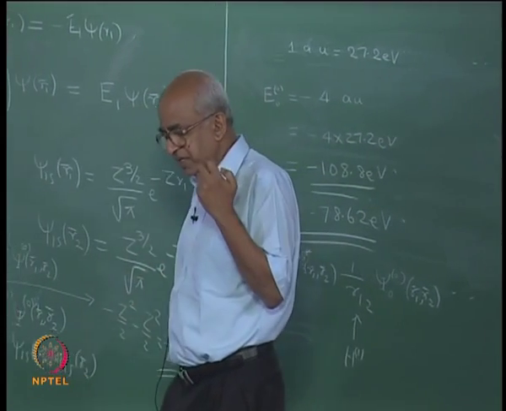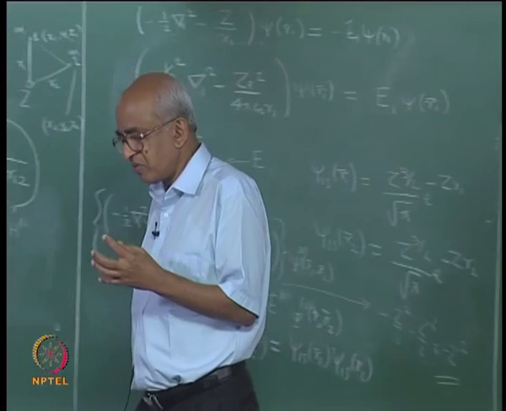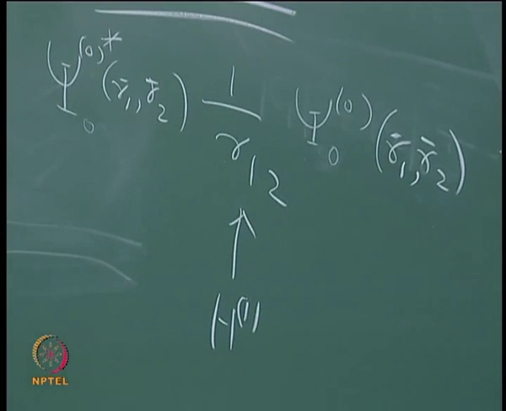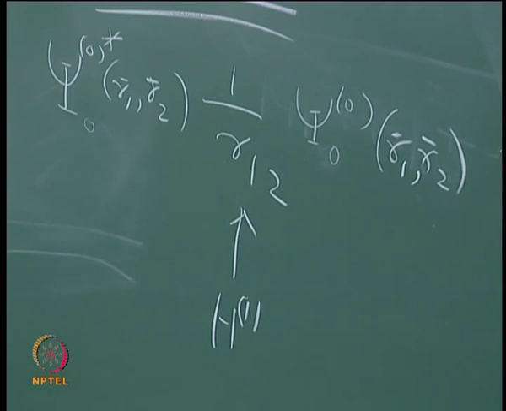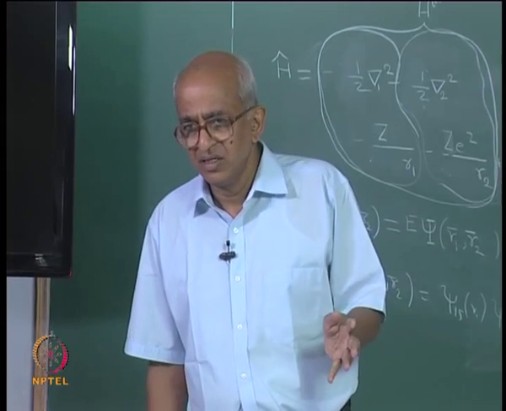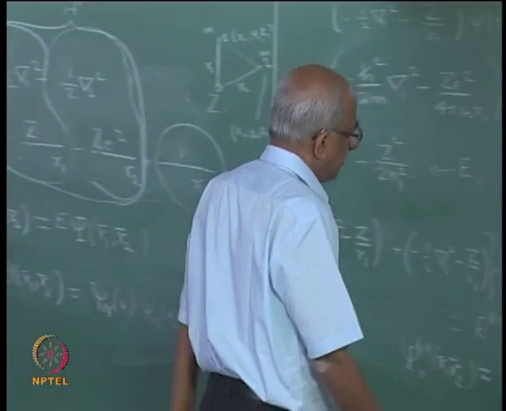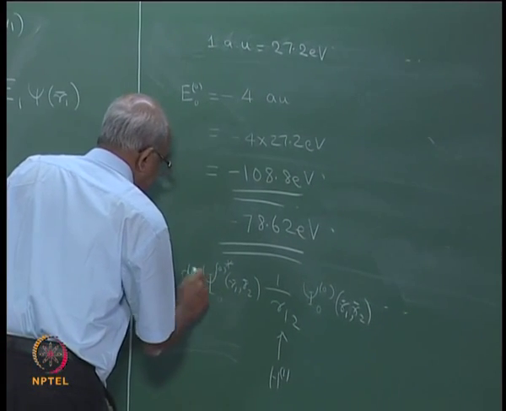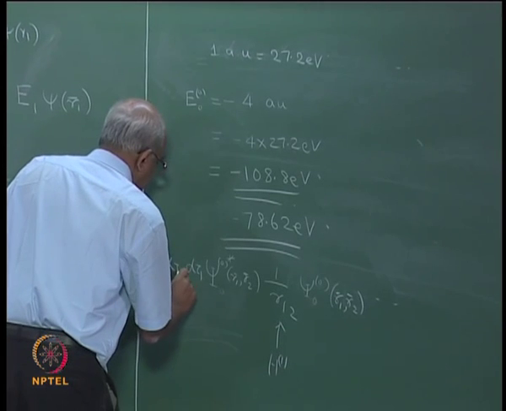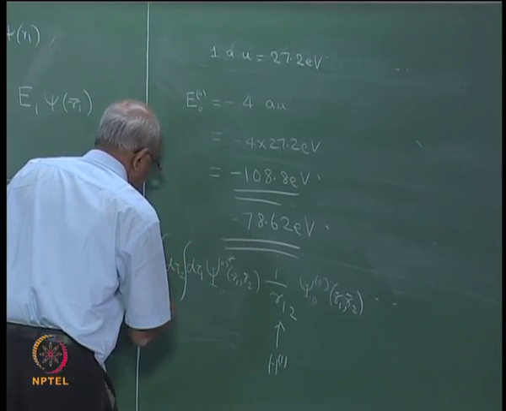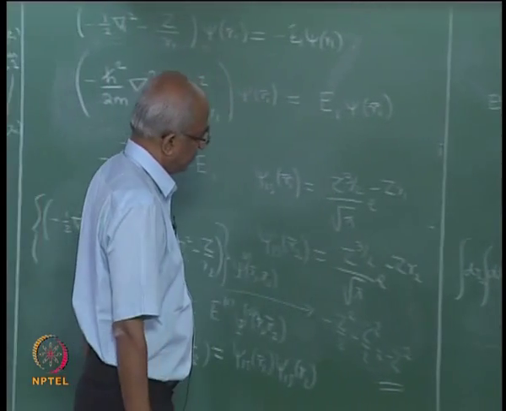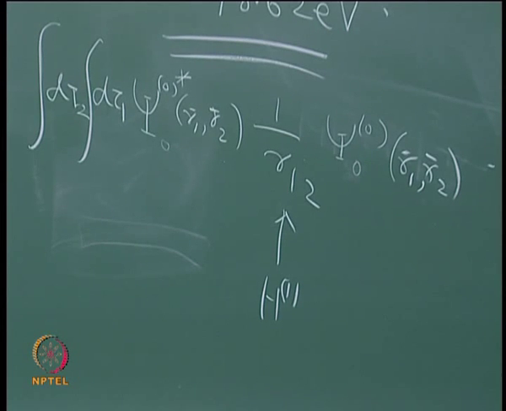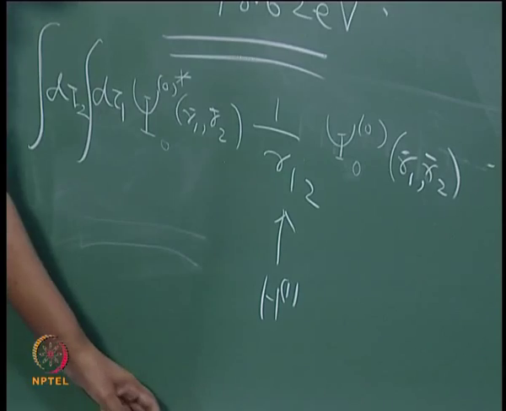What do we mean by integrating over the entire space? This is a problem in which there are 2 electrons. So you will have to integrate over the coordinates of the first electron and over the coordinates of the second electron. So I will say d tau 1, that is electron 1, d tau 2. And you can take this expression and put it in there.